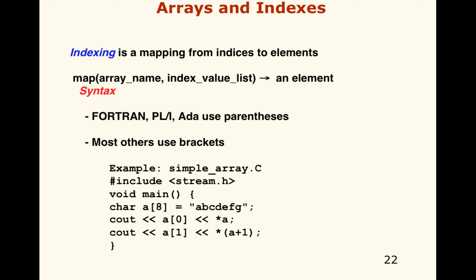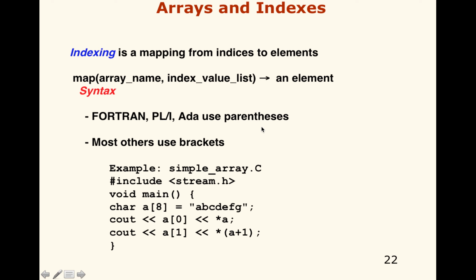Indexing is the mapping from the indices to the elements. Some languages like Python support the map. The map here is the array name with the array index value as an element. The map is sort of like the dictionary with a key-value combination. Fortran, PL/I, and Ada use parentheses.